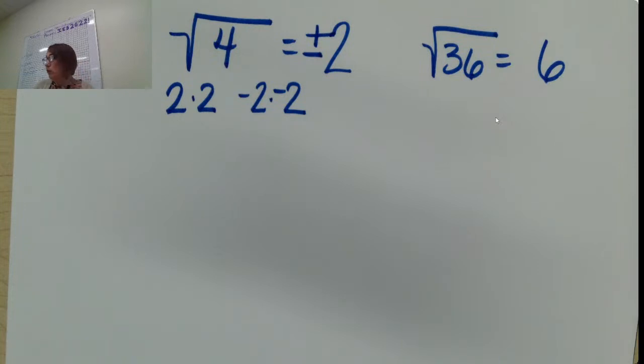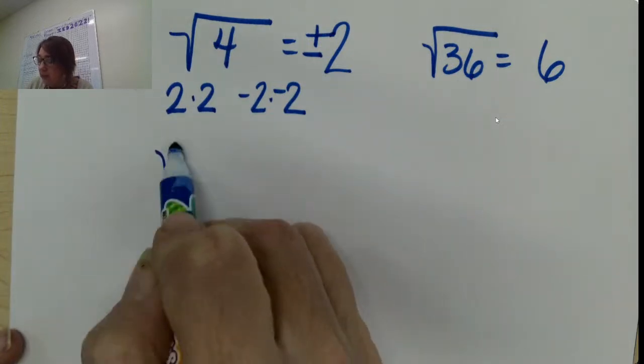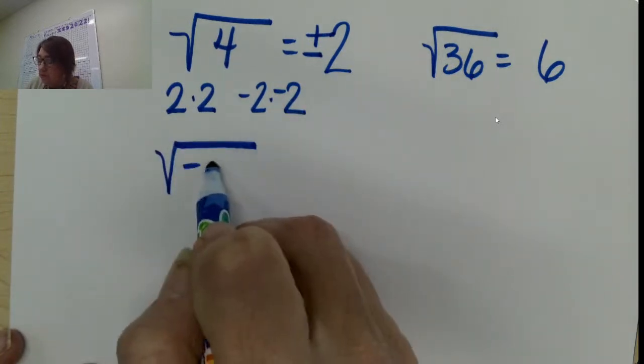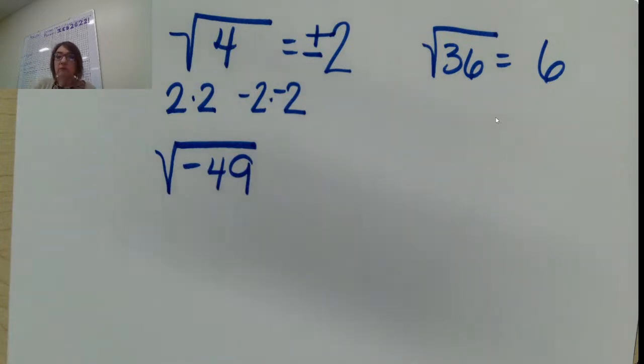Anyway, back to what we were talking about. They're taking square roots and getting answers, and then they get something like this. What number times itself would give me -49?